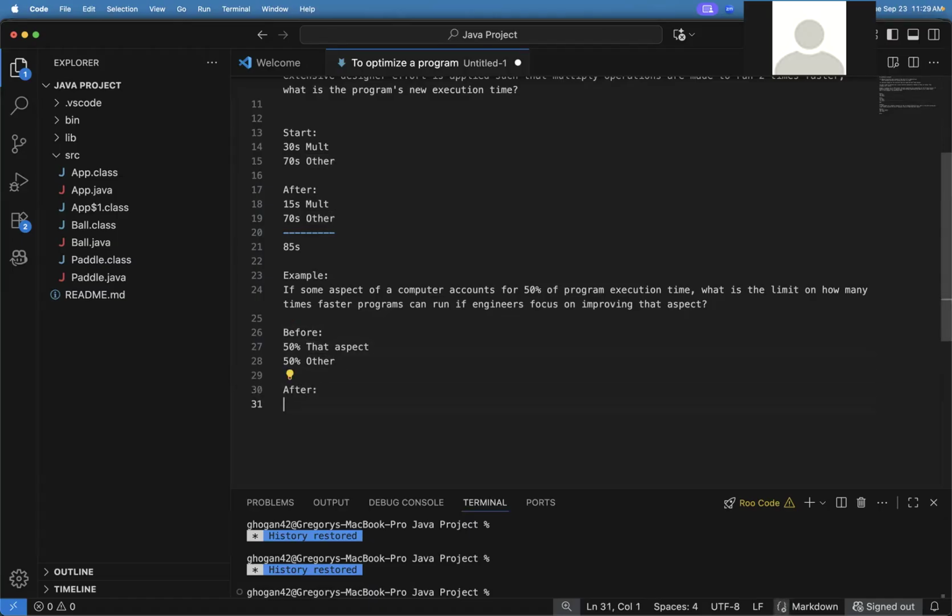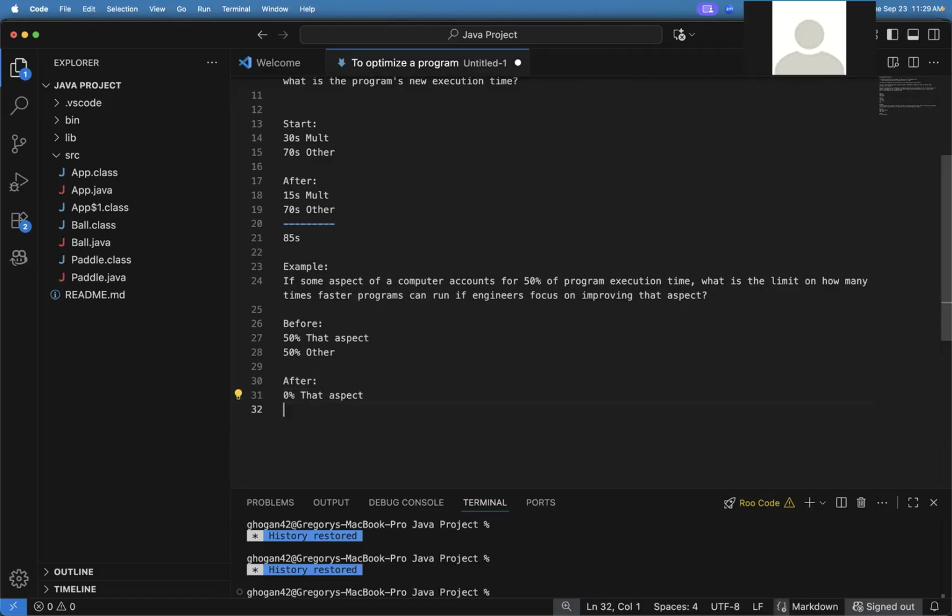Now, let's say afterwards, somehow we make that aspect, whatever they're talking about, run instantly. So now it takes 0% of the time, right? We just made it instant. Well, we still have the 50 percent of the other stuff, right?